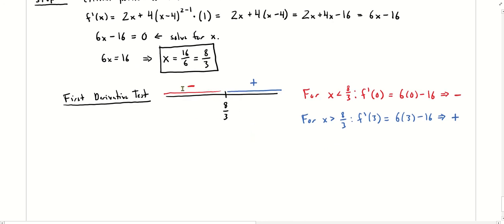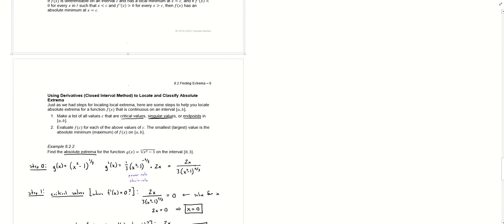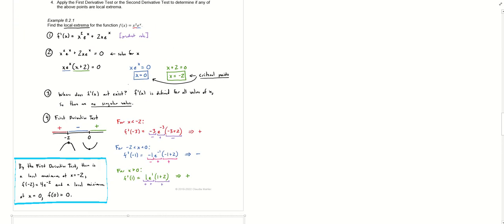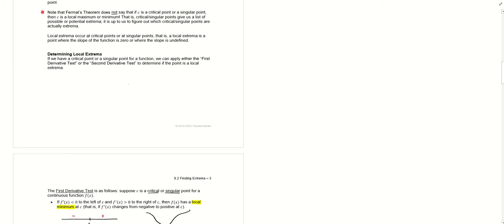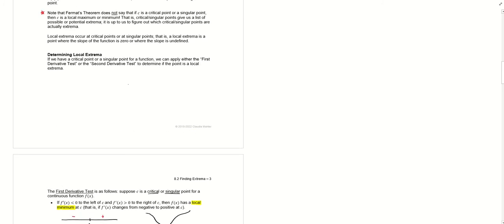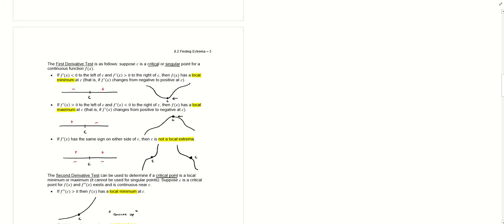So I can see that my first derivative is switching from negative to positive as I cross 8/3, which means that 8/3 is a local minimum. If you go back and look at the first derivative test information way back here in topic 8.2, we said that if our first derivative changes from a negative to a positive across a critical value, that critical value is a local minimum.